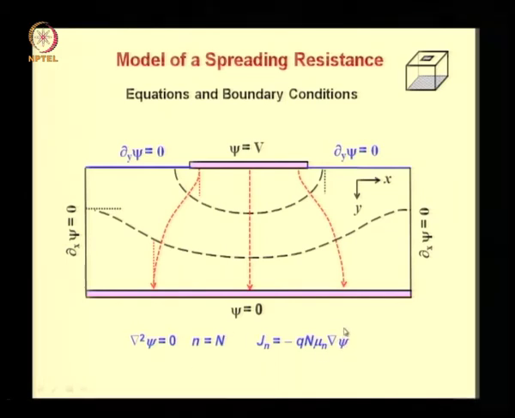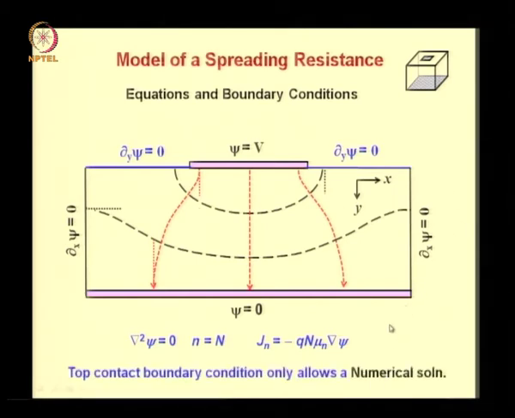These equations followed from the qualitative model. Similarly, the boundary conditions shown here also followed from the qualitative model, and these boundary conditions were responsible for the electric field or current flow lines and equipotential lines shown here.